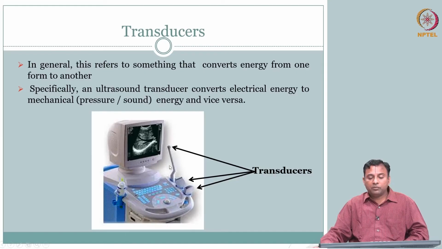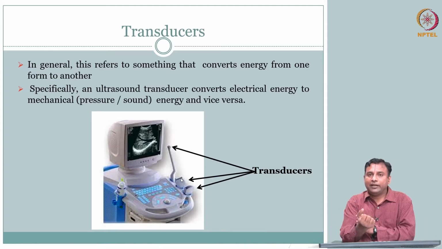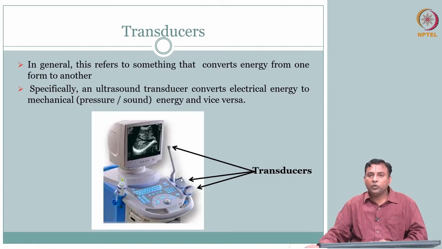You can also have some transrectal ones, so you can go through an orifice and see inside. Here what you see is a linear array, for shallow organs, say breast imaging or MSK, just muscle. If you want to do that, then depth is not that much compared to the abdomen. So, you have different sizes and shapes of these transducers.